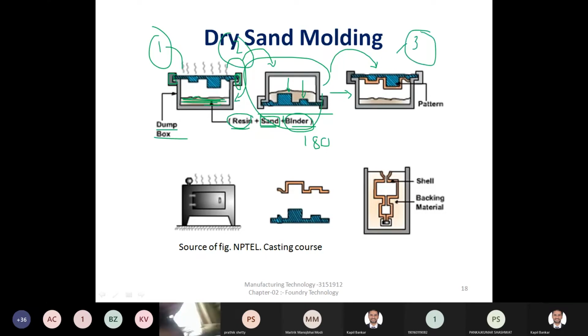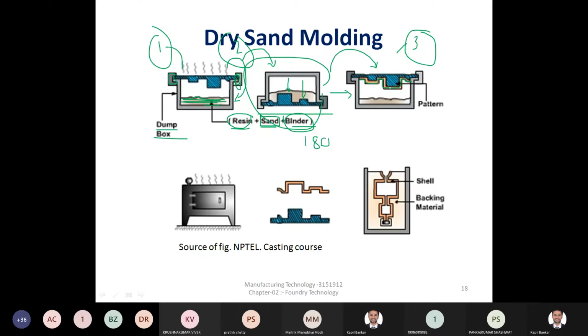Due to the heated pattern, a very small thin layer will cling to the heated pattern, because some resins are available in the sand. So a thin layer will cling.